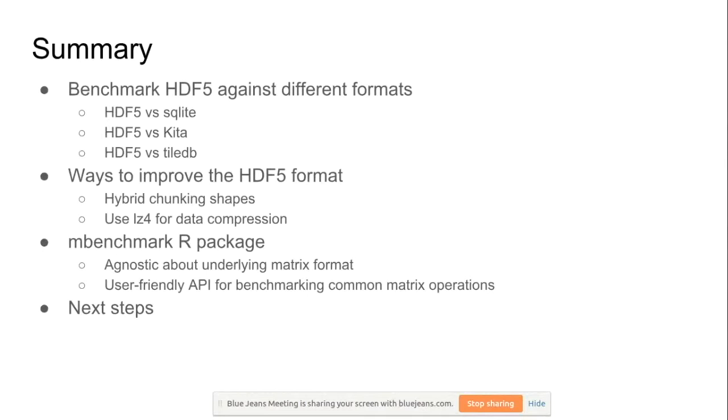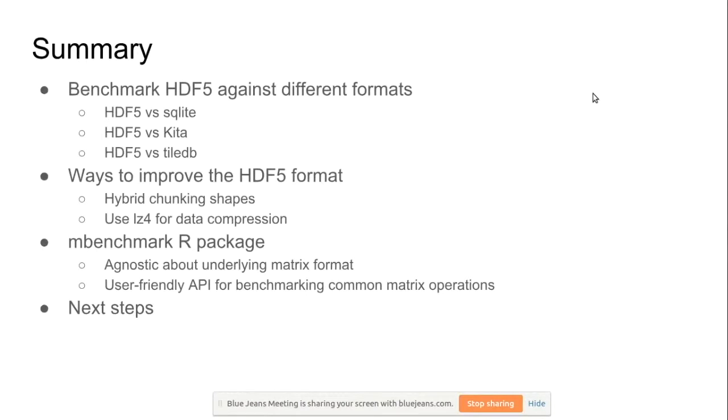We try to benchmark H5 against other alternative on-disk formats to see if we can find the best format for the single cell assay, and if H5 is indeed the best, and how we can squeeze the most speed by improving the usage of the HDF5.